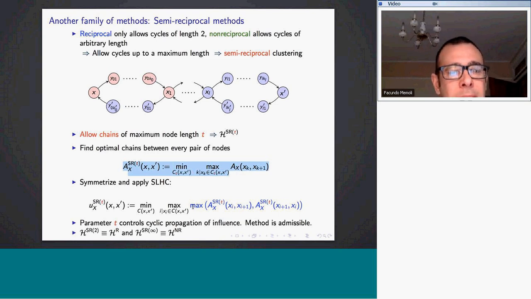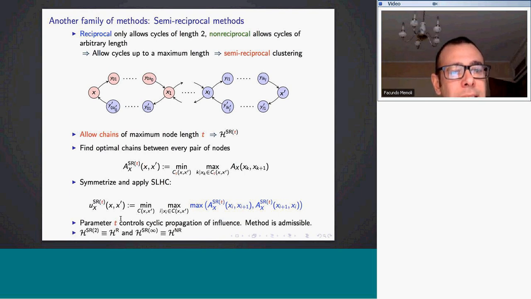Now, having done this, we symmetrize this dissimilarity by taking the maximum of A sub SR of t and its transpose. That gives this block in blue, and then we apply single linkage to that. An observation: if t is infinity, if you don't constrain the length of the chain, that recovers the non-reciprocal method. So you essentially take a very long chain to go from x to x prime.